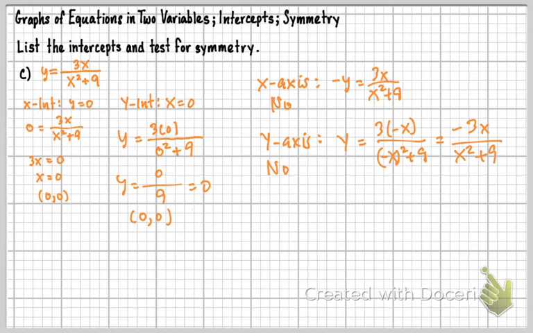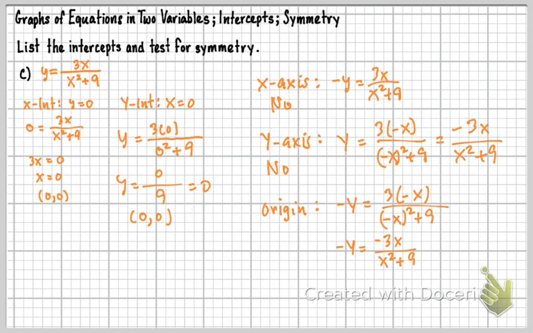So now the third one is the origin. That means I negate the x and the y. And this is what I write. So then my negative y is going to equal negative 3x over x squared plus 9.